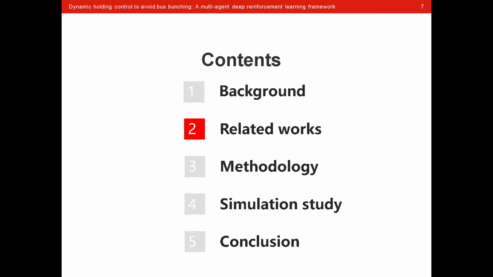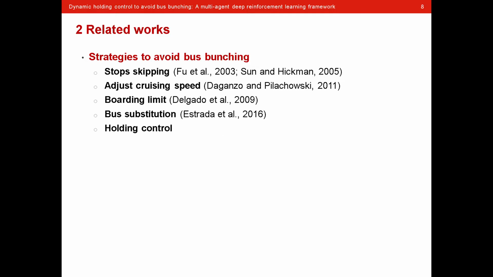And we will have a quick review of some related works to solve the bus bunching problem. There are multiple strategies to avoid bus bunching, since it has been a long-standing problem in public transportation operation.